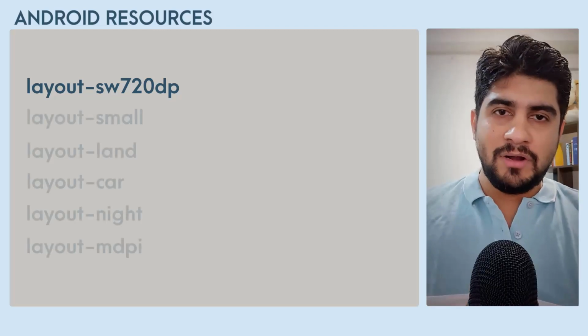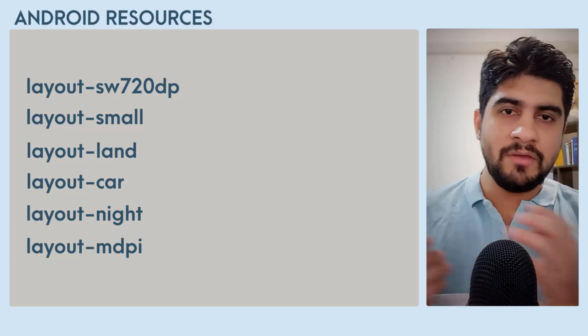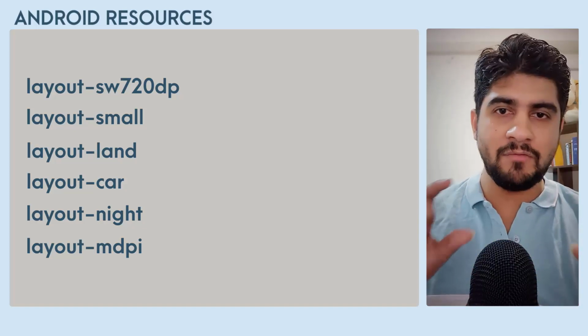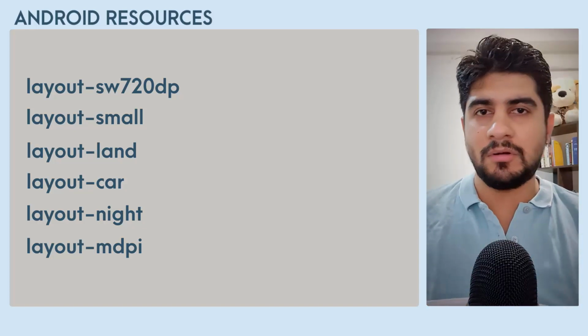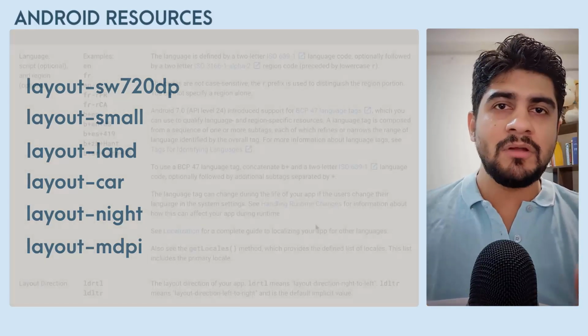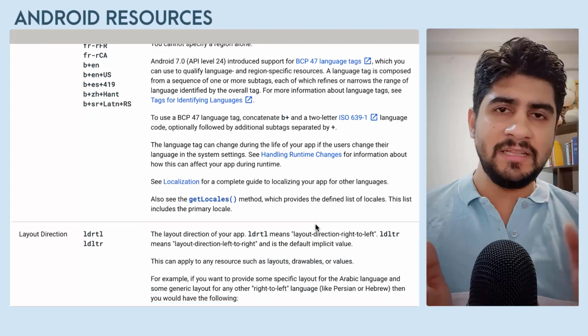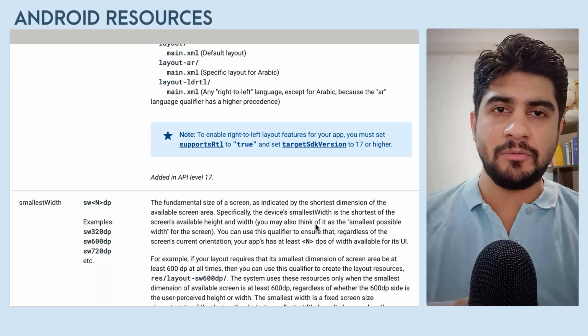Layout-car, layout-night, the name itself suggests that car's XML UI will be used in the automotive application that you create for cars. Night will be used when there is a dark mode or night mode. The list goes on, and you can actually apply more than one configuration to a specific resource, in the order shown on the screen, which is from the official documentation.